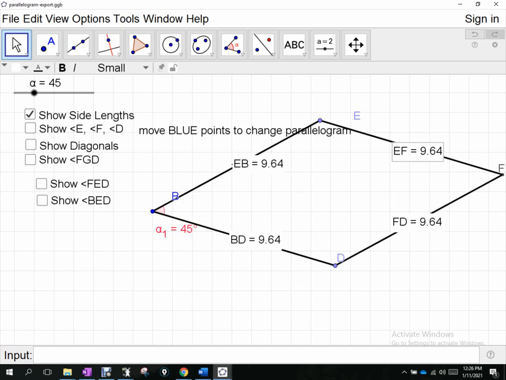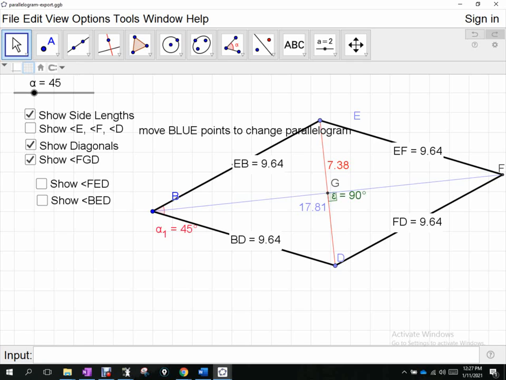So then, when I show you the diagonals, okay, it is saying that the red diagonal is 7.38. The blue one is 17.81. Okay? Because it's a parallelogram, those should get bisected, so I should be able to find E to G by being 7.38 divided by 2. Okay? But what does it look like the angle is here at G?